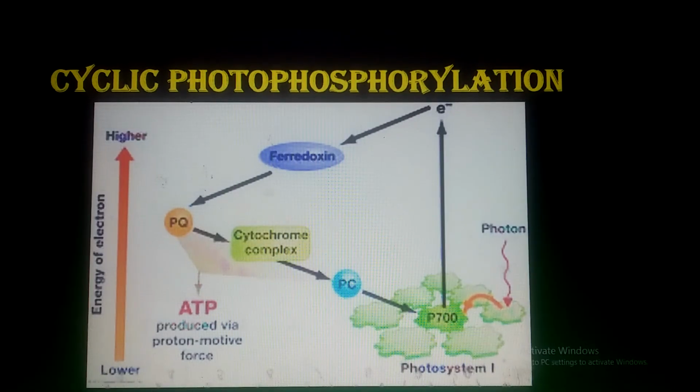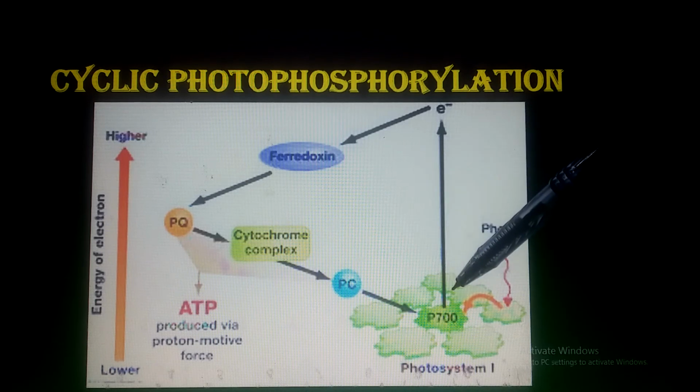Okay, now moving towards the cyclic photophosphorylation. You can see here the difference between the non-cyclic and cyclic photophosphorylation. In this case, you can see photosystem 2 is blocked and the electrons move just along photosystem 1.